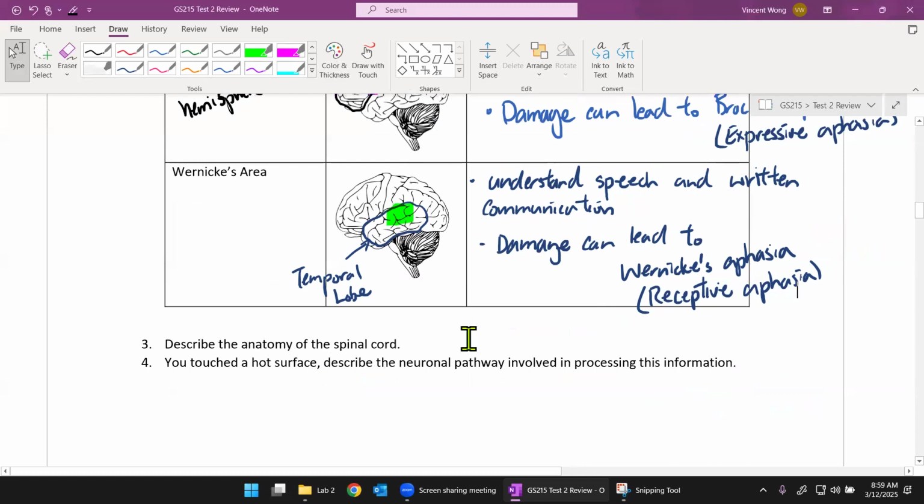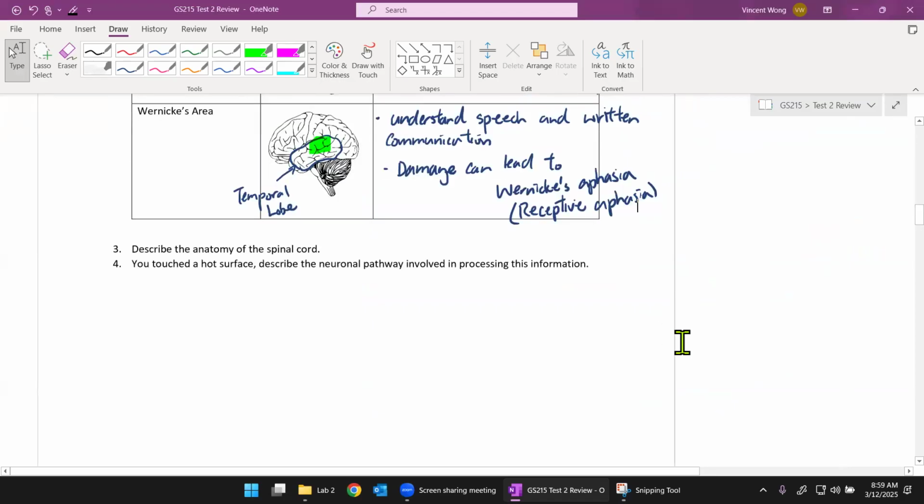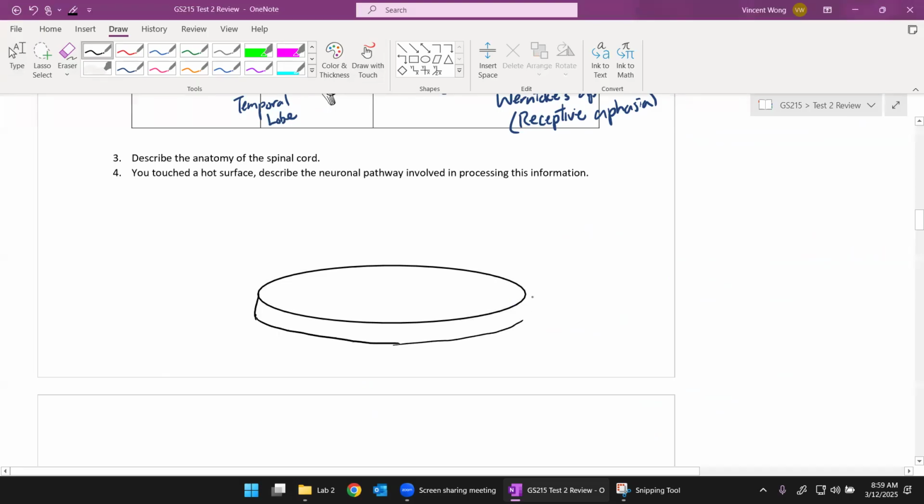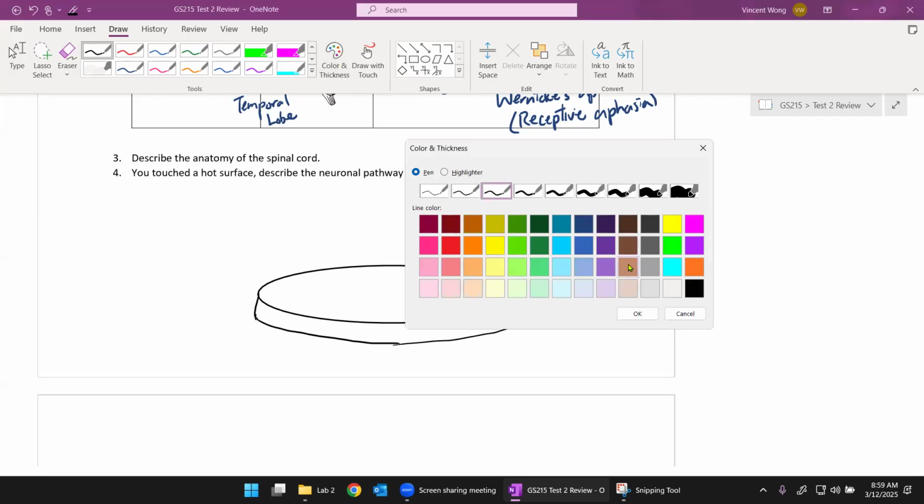Describe the anatomy of the spinal cord. We can do that quickly. So as you know, we have a slice of spinal cord here, and we have the gray matter in the middle, which is not really gray as you probably saw before.